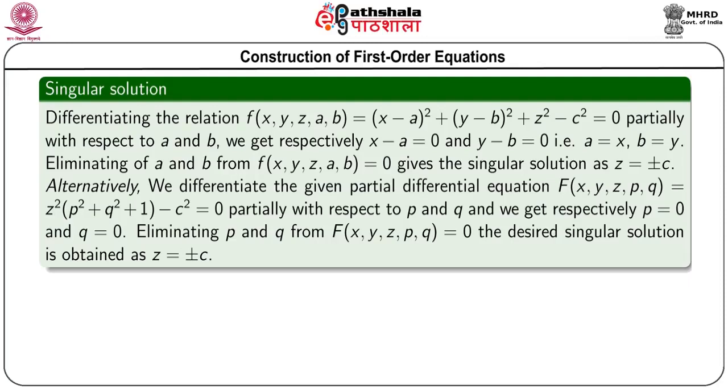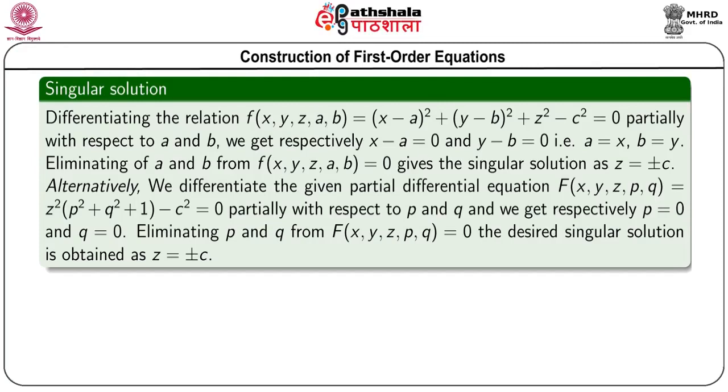Alternatively, one can find this singular solution from the given differential equation capital F(x, y, z, p, q) equals z square (p square plus q square plus 1) minus c square equals 0. So, if we differentiate partially with respect to p and q, we get p equals 0 and q equals 0.